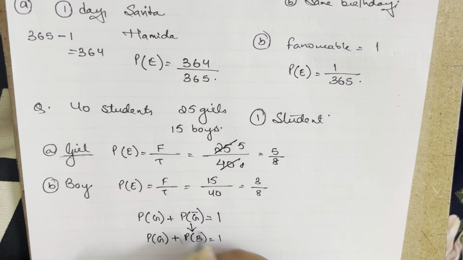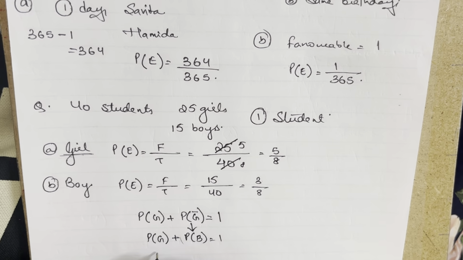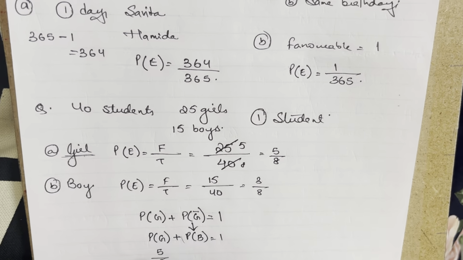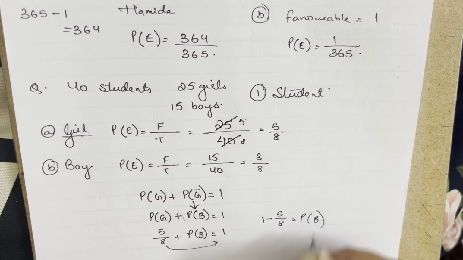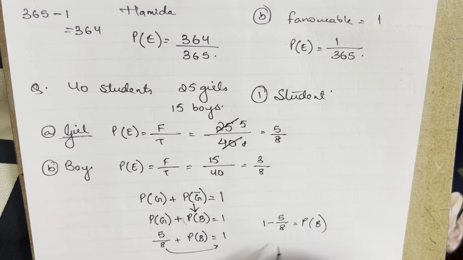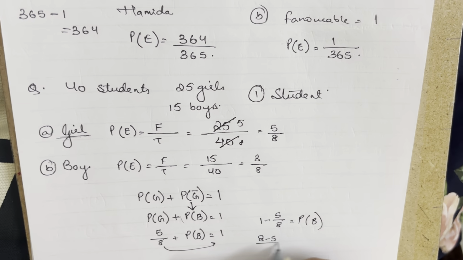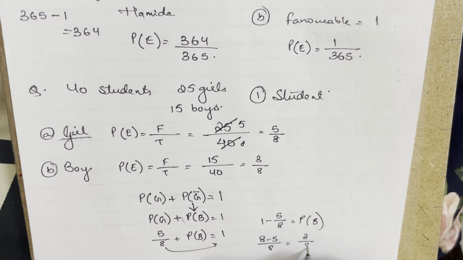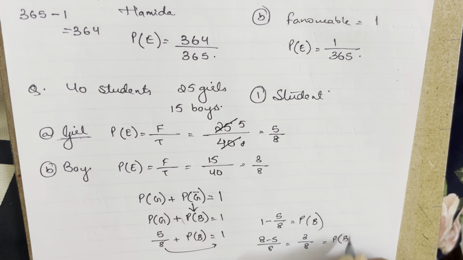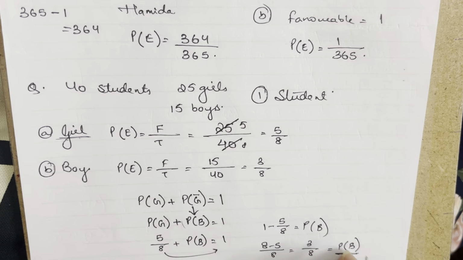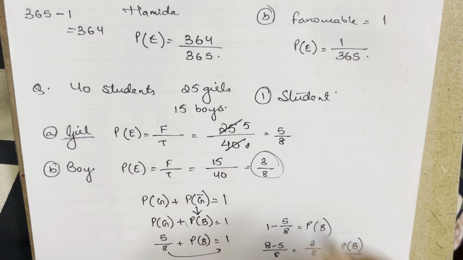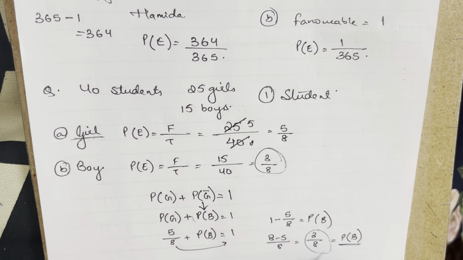So this can be rewritten: I already got 5 by 8, plus the probability of the boy winning is equal to how much? I'll send it to the other side. It becomes 1 minus 5 by 8 is equal to the probability of the boy winning, or the girl not winning. So that becomes 8 minus 5 upon 8, which is equal to 3 by 8, the probability of the boy becoming the class representative, or the girl not becoming the class representative. It is 3 by 8 here, it is 3 by 8 here again. Okay.